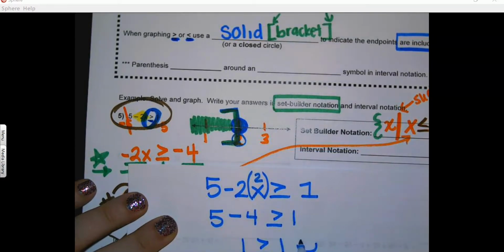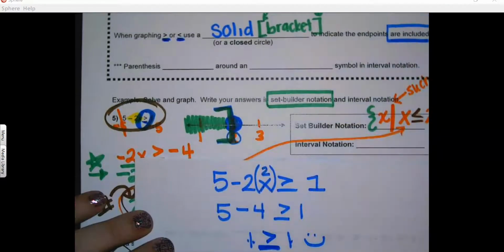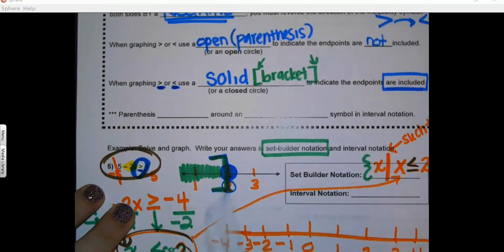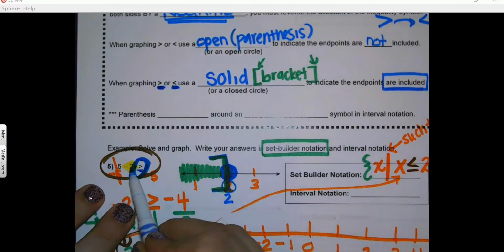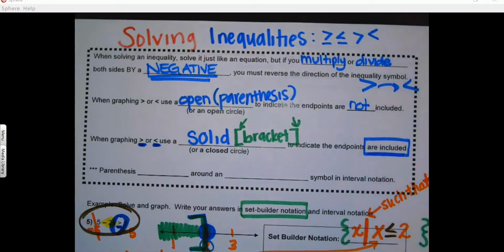And it works. 1 is greater than or equal to, it's equal to this number over here. So that's the difference between a bracket and a parenthesis. So again, a bracket means the number that it's on, this 2, could be a solution for x. If it didn't have this line underneath, you'd have a parenthesis and it means it's not included.